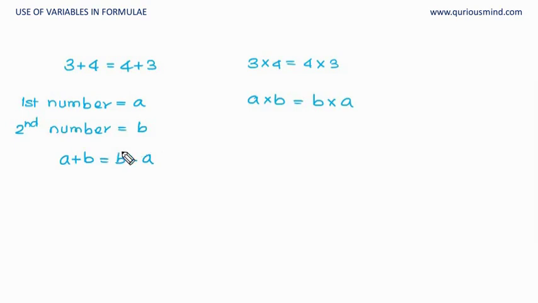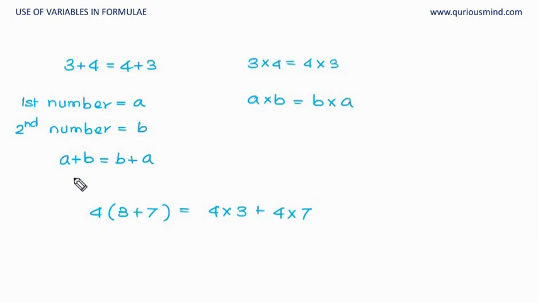Similarly, we can also represent the distributive property. We know that if I have 4 and in bracket 3 plus 7, then that is equal to 4 into 3 plus 4 into 7. So I will multiply with this number outside the bracket with each number inside the bracket, keeping the sign intact.